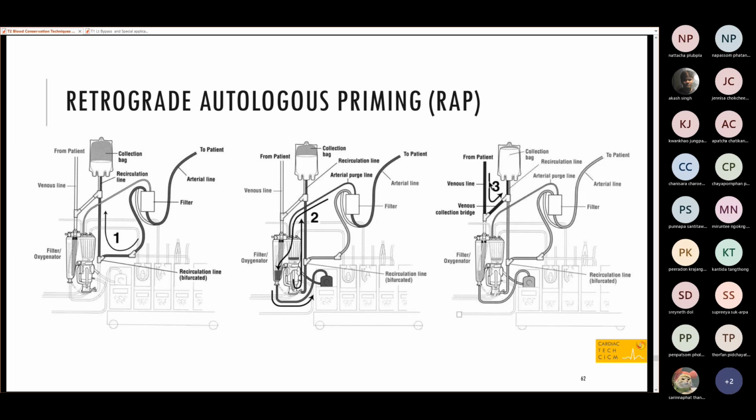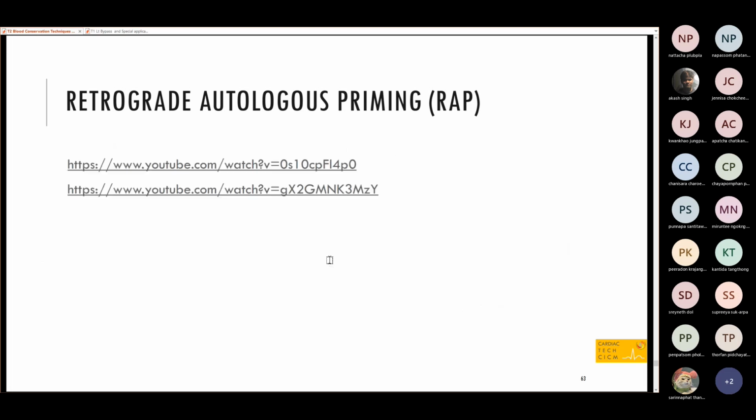On the venous line, we also open the line after venous cannulation and collect the priming solution inside the collecting bag here. The whole circuit will contain only the autologous blood from the patient. That's the procedure we call RAP.